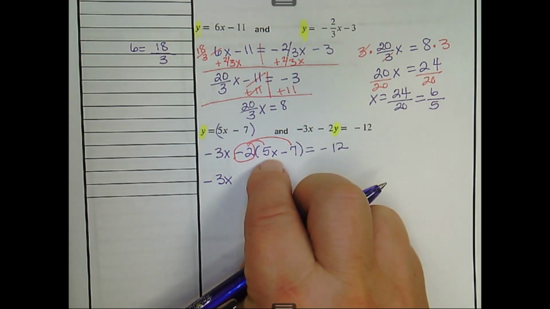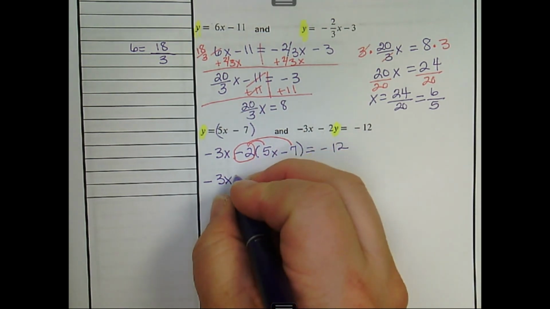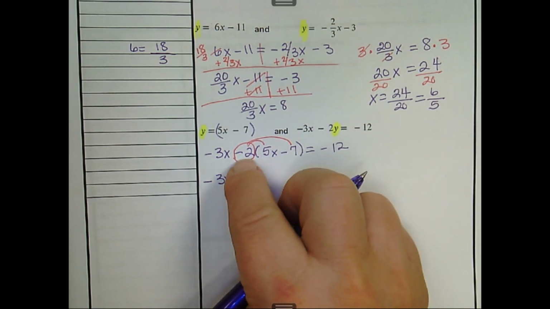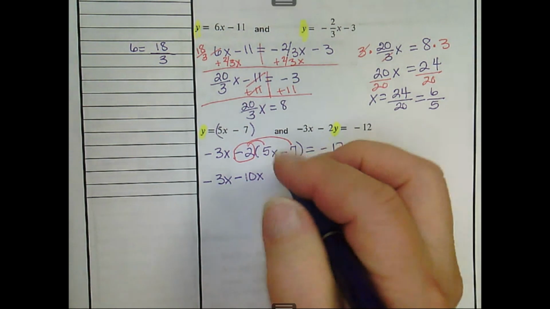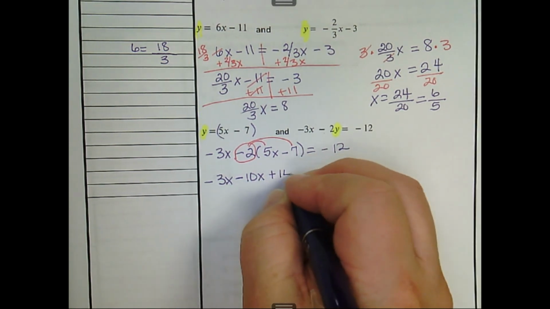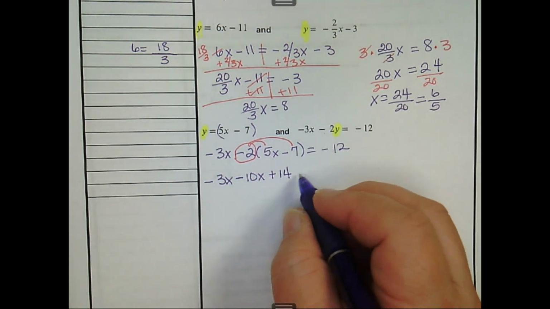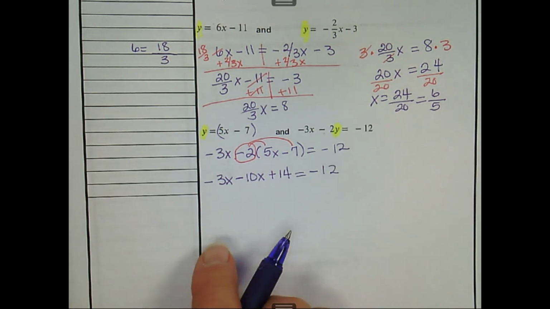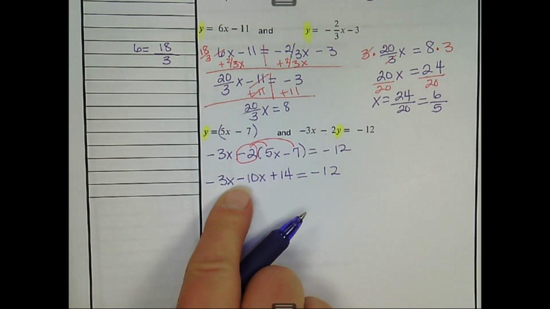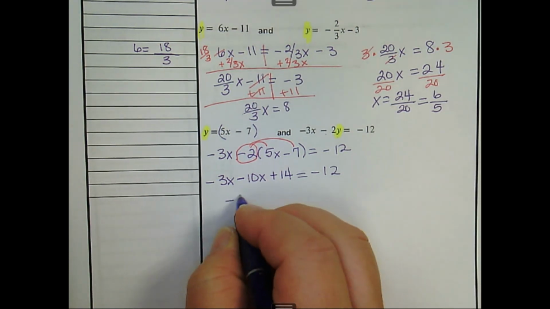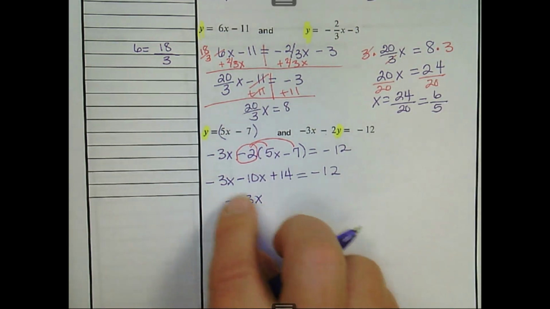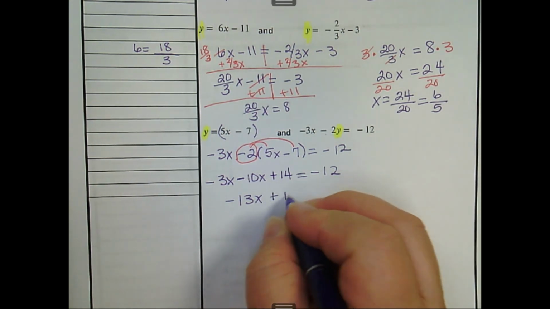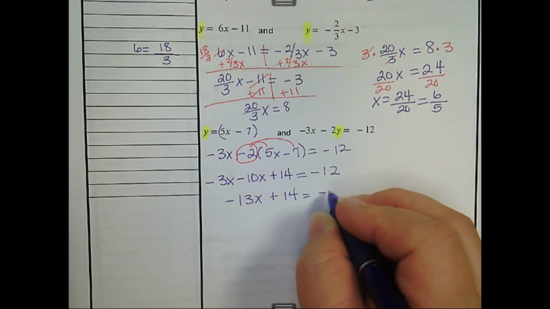Negative 2 times 5x is negative 10x. Negative 2 times negative 7 is positive 14. Negative times negative is a positive. And that's still equal to negative 12. Negative 3x minus 10x is negative 13x. They're both negatives, add them together, keep that sign. Plus 14 equals negative 12.